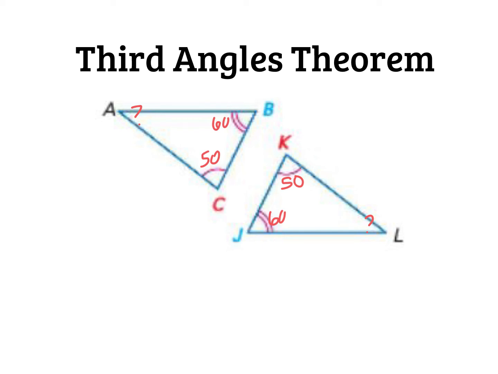So if I already know two of them, and this is going to be left over as 70, this one should also have the same amount left over. They should both have an equal amount left over because they already share two of the same angles. So the third angle by default is also the same. That's why it's called the third angles theorem. If two angles are congruent, the third angle is automatically assumed to be the same as well.